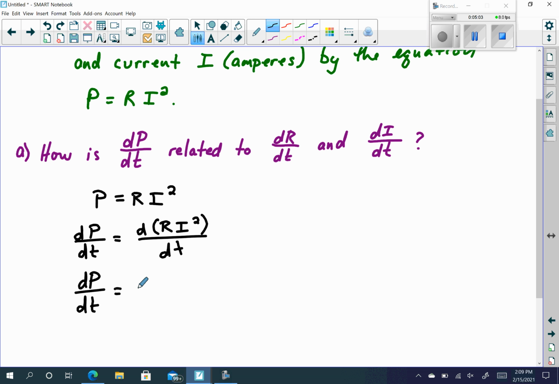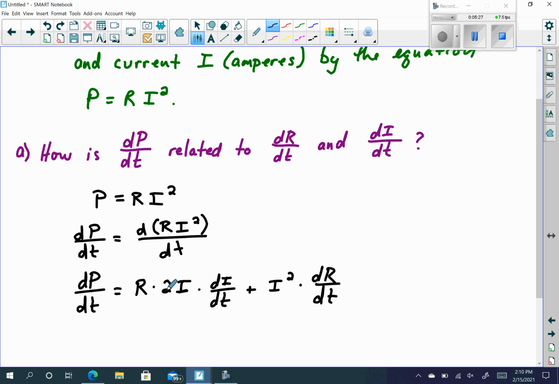So I'm going to have my u v prime. So that's going to be R times the derivative of I squared, which becomes 2I. But then I is some function, so now I have to multiply by I prime, or dI over dt, plus I'm going to have my I squared. Derivative of R is just going to be a 1, but then times dR over dt.